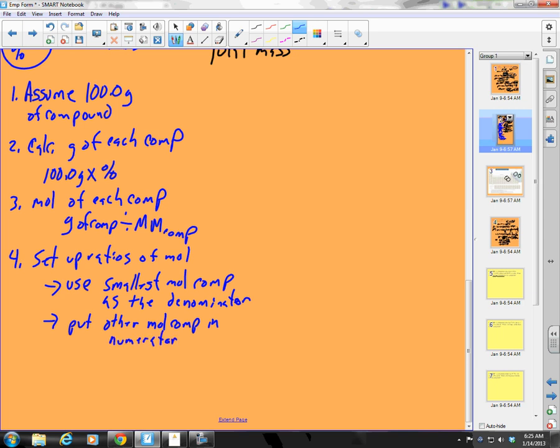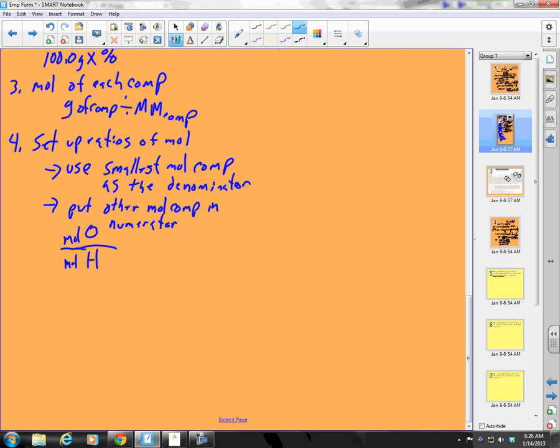Got it? So I'm going to set up a ratio. It's going to be something like this. Maybe it's moles of oxygen over moles of hydrogen, if hydrogen is the smaller than oxygen. That's just an example. It may be the other way around.